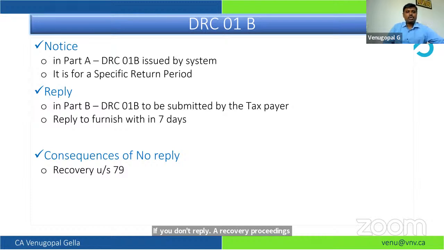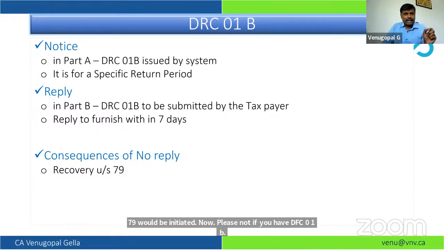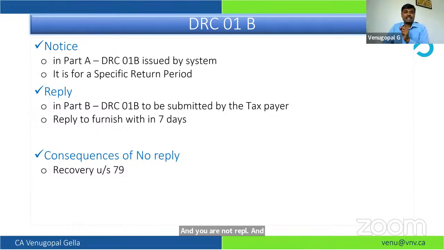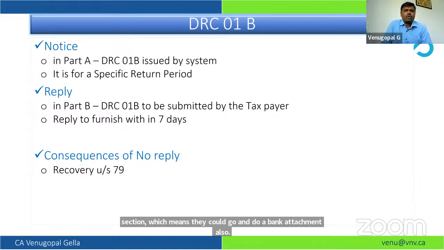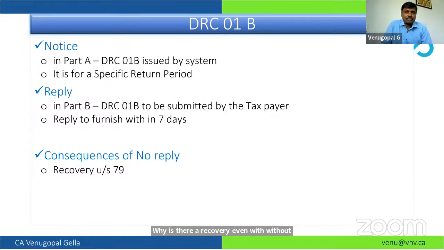Please note, if you have DRC-01B and you are not replying, recovery proceedings under section 79 would start, which means they could even do a bank attachment. Why is there a recovery even without notice and other things? You must be surprised.